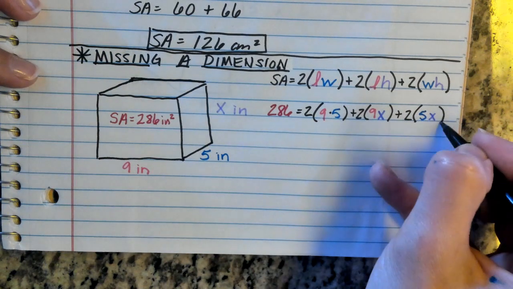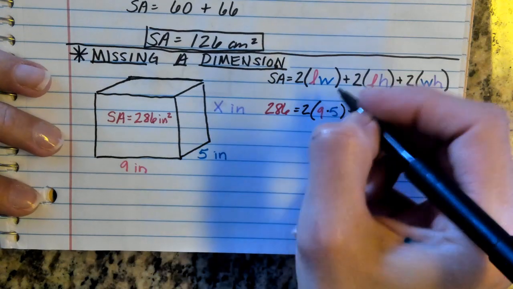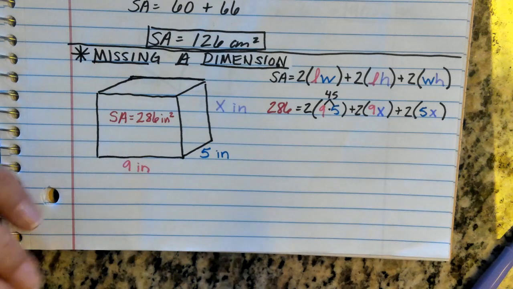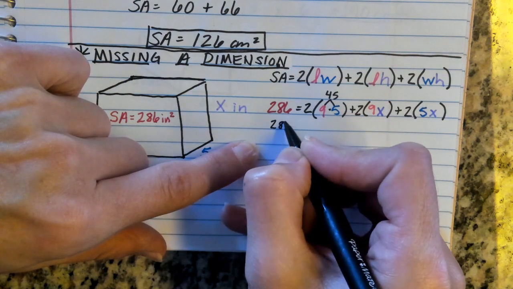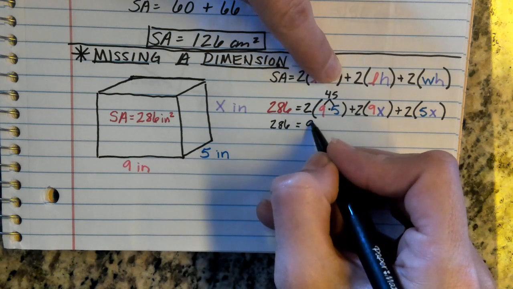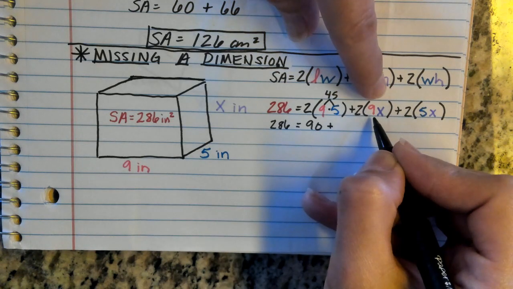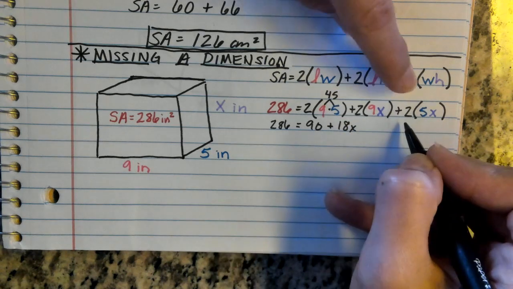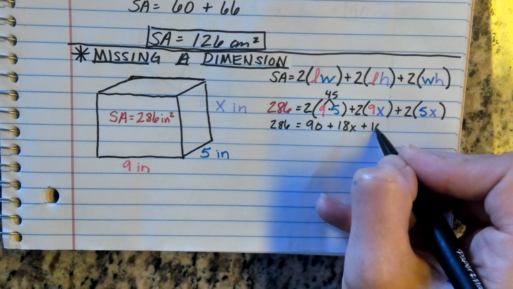Okay, so we're going to start consolidating everything here and combining stuff. Here we know that 9 times 5 is going to come out to 45. So when I bring this down, I'm going to have 286 still is equal to 2 times 45, which gives me 90, plus 2 times 9x, we have 2 9x's, meaning 18x, plus 2 times 5x gives me plus 10x.